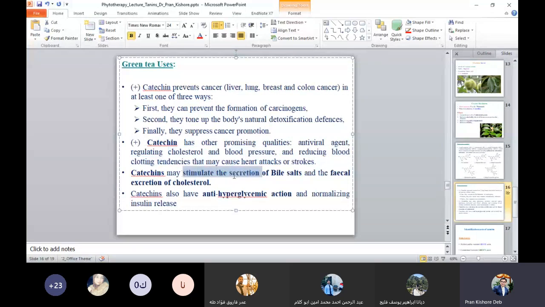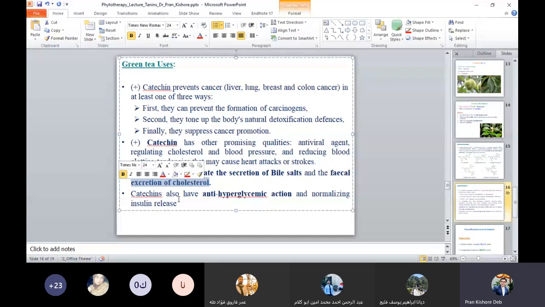Catechin may also stimulate the secretion of bile salt and the fecal excretion of cholesterol. So it helps in the reduction of body weight by helping the removal of cholesterol. So if you drink green tea regularly, it is really very helpful for your body. It not only improves the body's immune system and detoxifies your blood, it can also help to reduce your weight by helping to reduce the cholesterol.